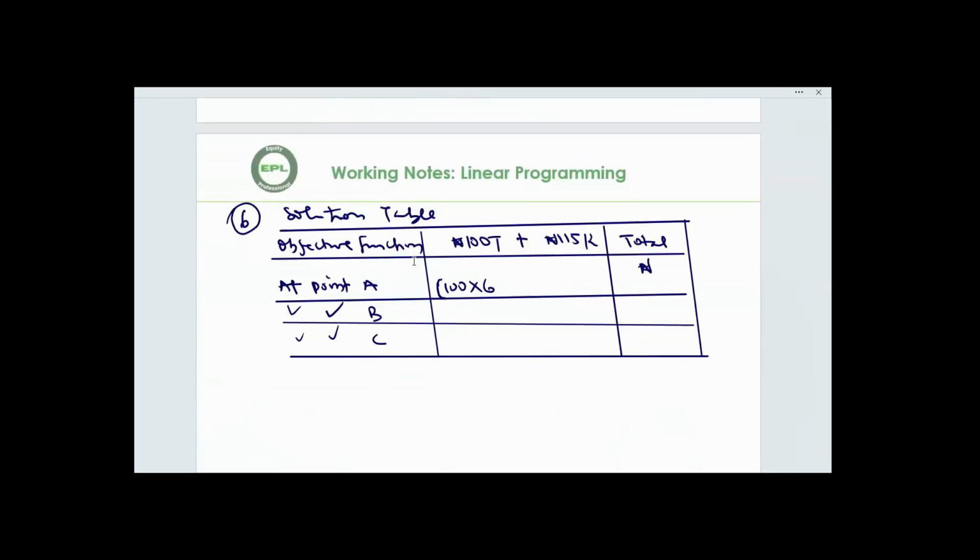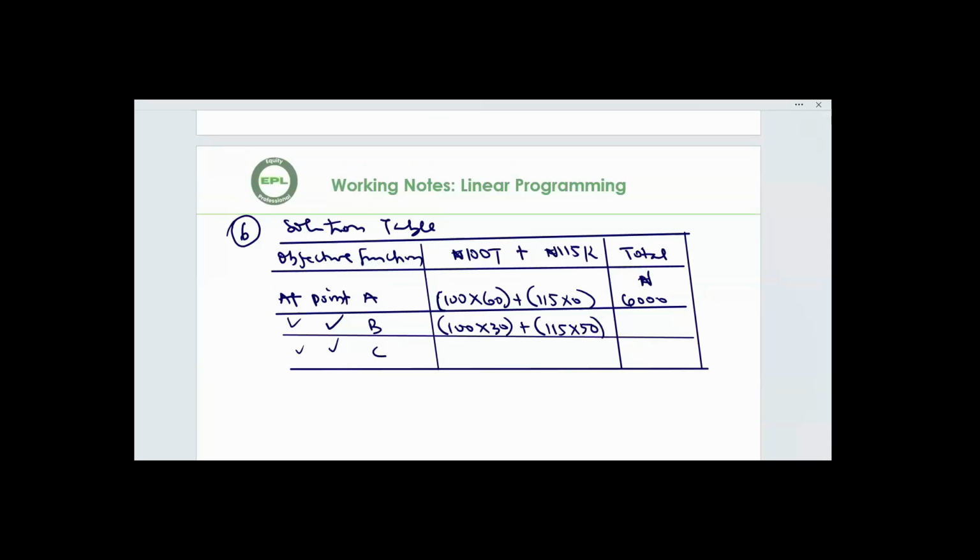So 100 times 60 plus 115 multiplied by 0, so here will be 6,000. Then 100 multiplied by 30 plus 115 multiplied by 50.